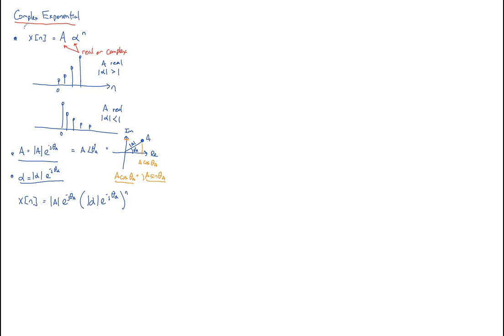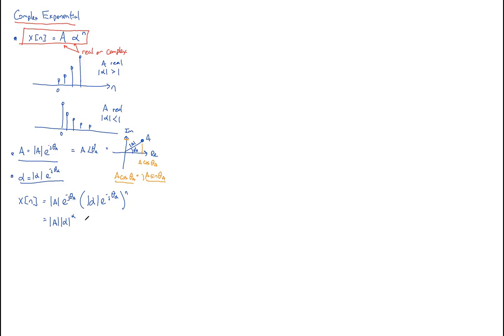By the way, I'm just going to put this in a rectangular block because that's an important one. And this is just going to be a little bit of derivation. So all that this means is that we can put this n inside our alpha and inside our e to the j theta alpha. And so I can do something like this.